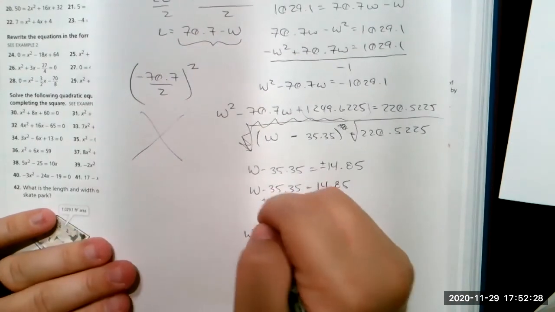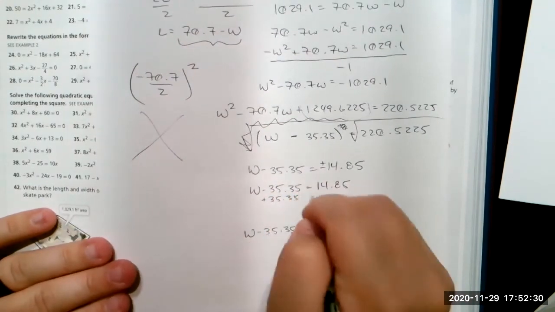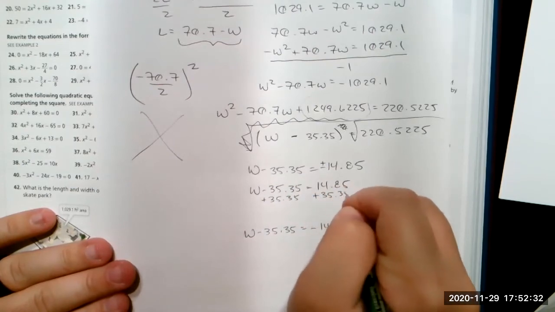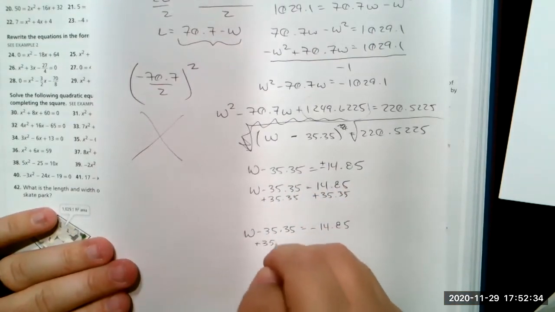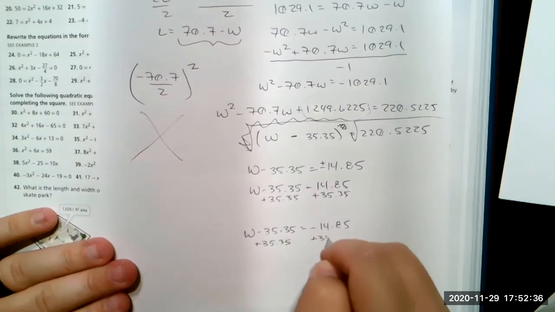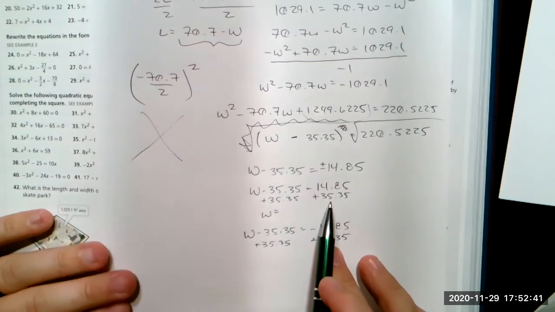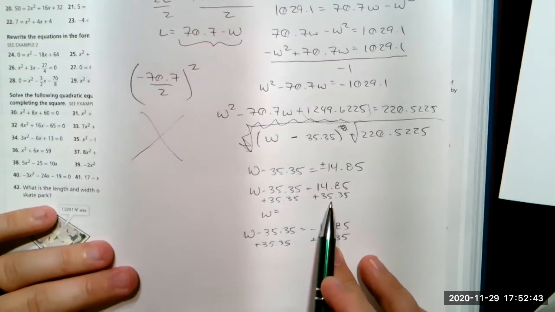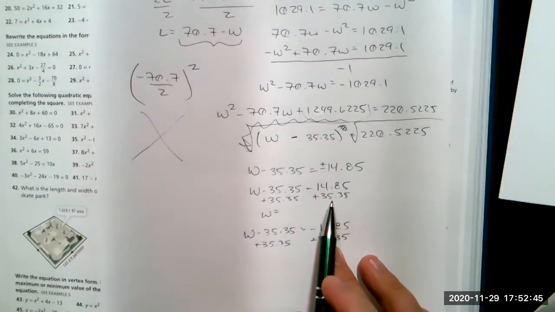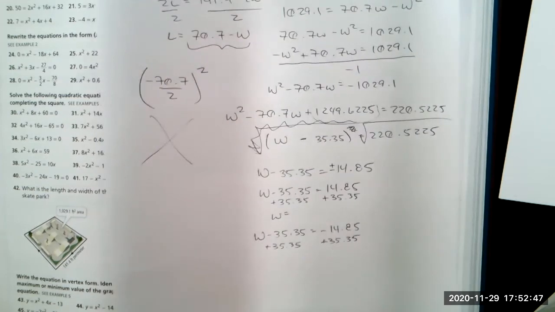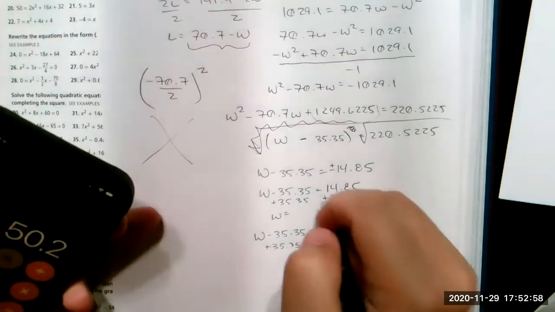So if I do some math, add 35.35 to both sides, I'm going to end up with W equals 49. That's too much. 50.2, I think. Let me check it out. 50.2.